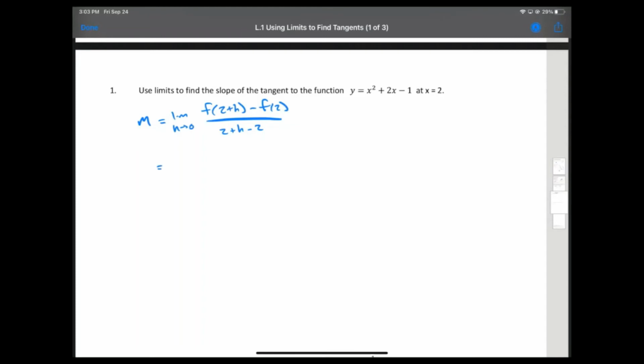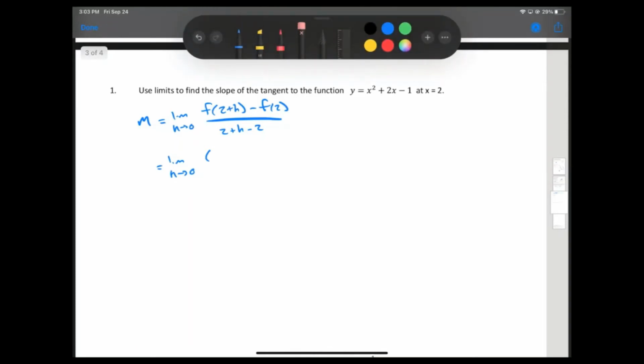And now for us, that becomes the limit as h approaches 0. We have to keep writing it until we've actually done the limit, until we've figured out what the answer is. If I plug in 2 plus h into my formula, I get 2 plus h squared plus 2 times 2 plus h minus 1.